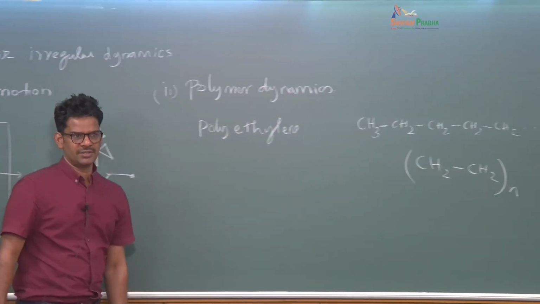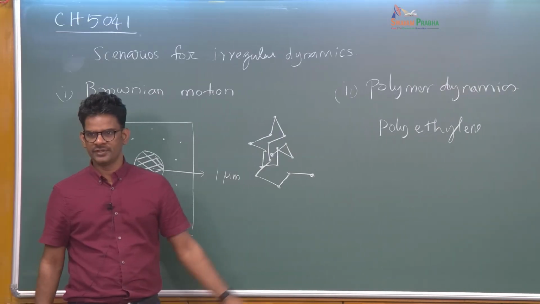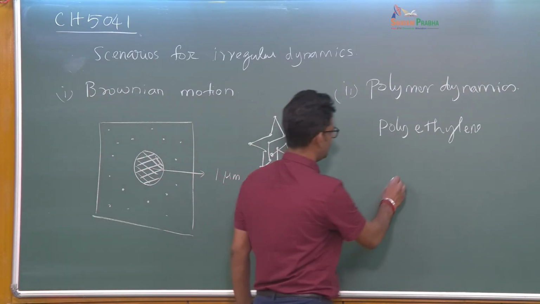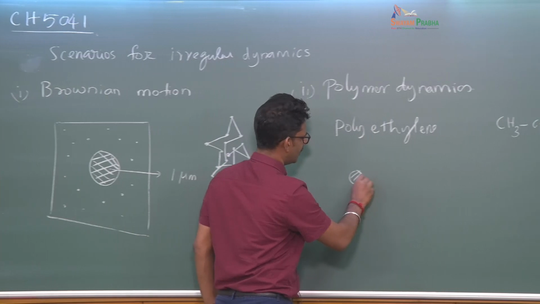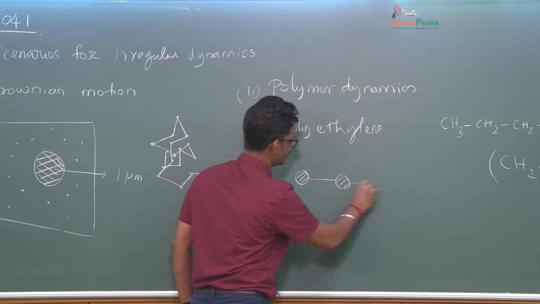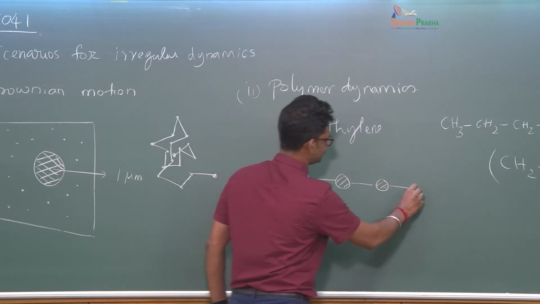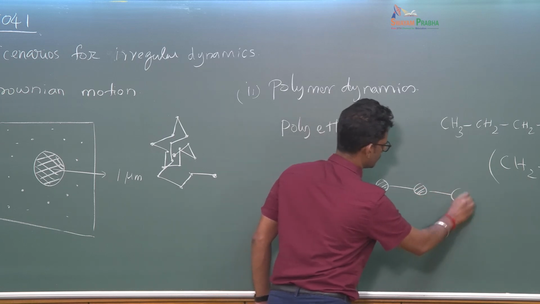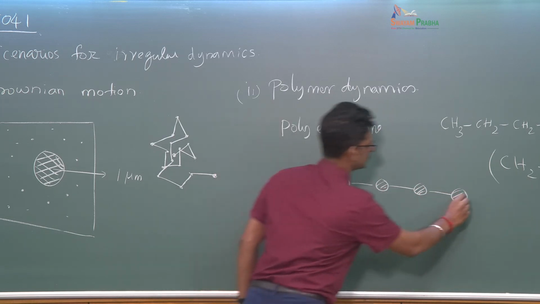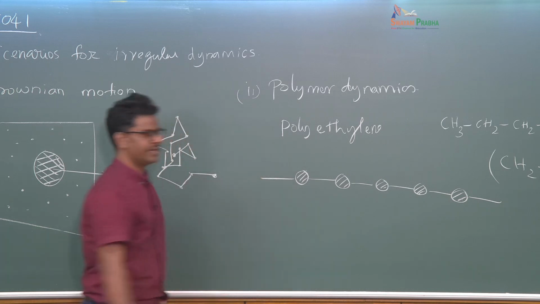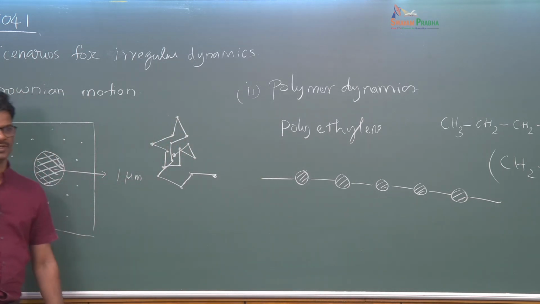But if you want to come up with a mechanical model for this polymer, generally you try to say one monomer unit connected to another monomer unit in a bead spring model. Okay, this is more like a mechanistic model for the polymer.